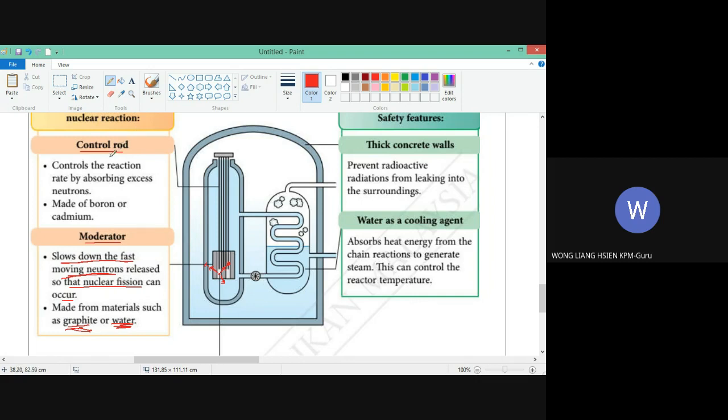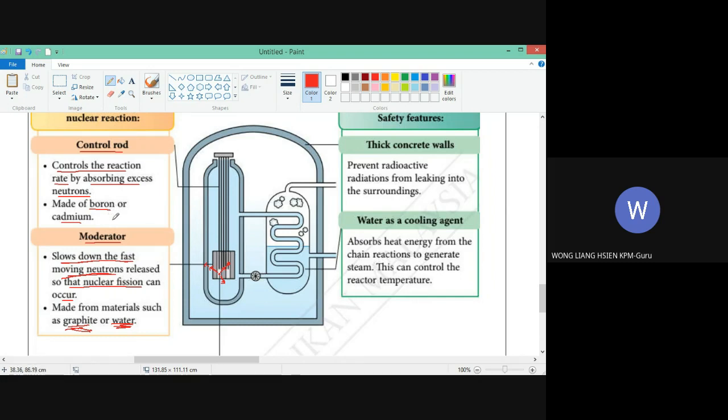So in order to control, we use a control rod. The control rod can control the reaction rate by absorbing excess neutrons. It is made from boron or cadmium. Why made from boron or cadmium?